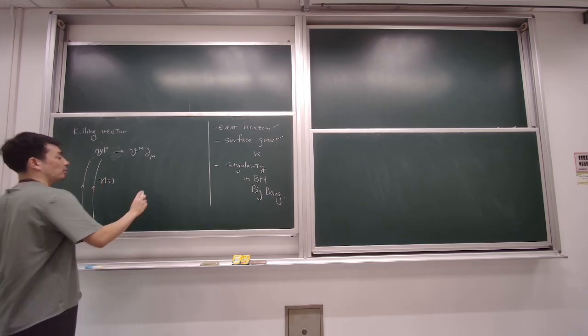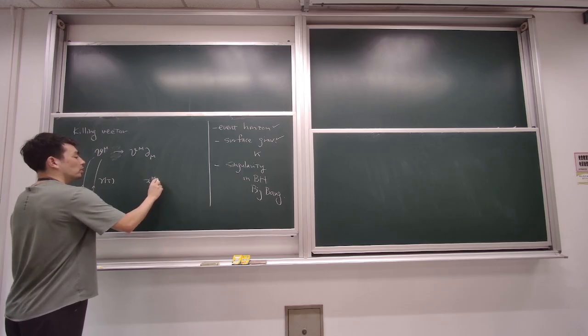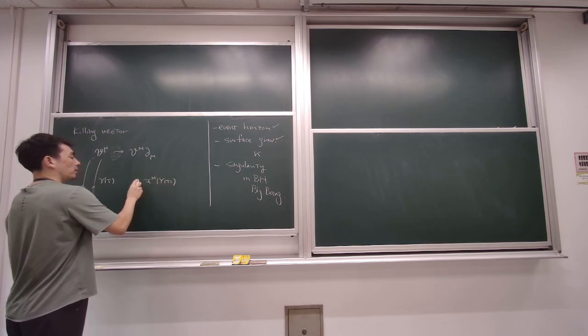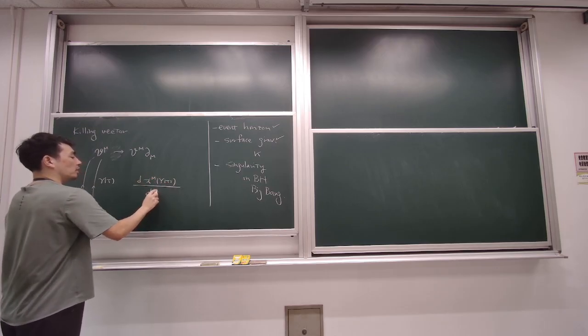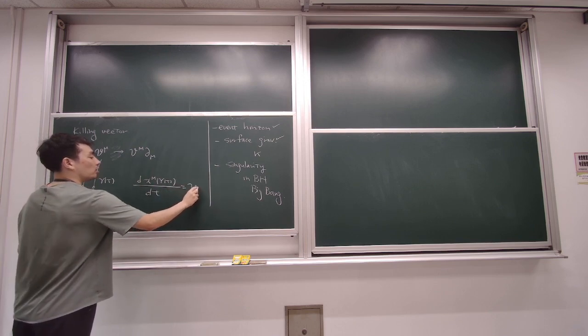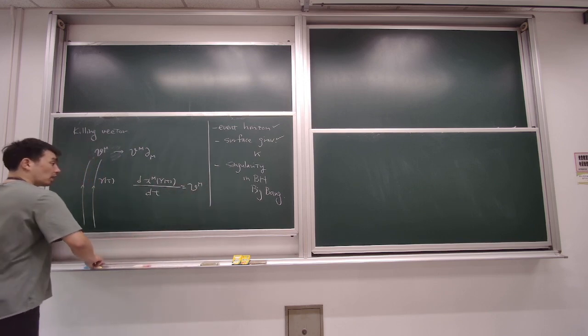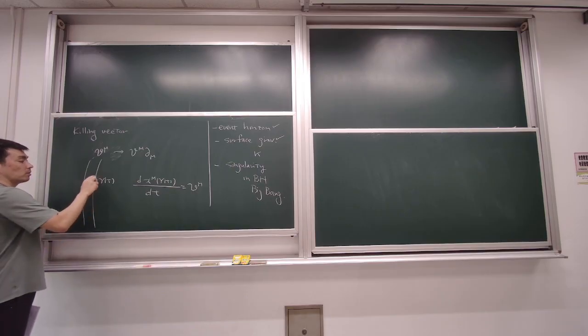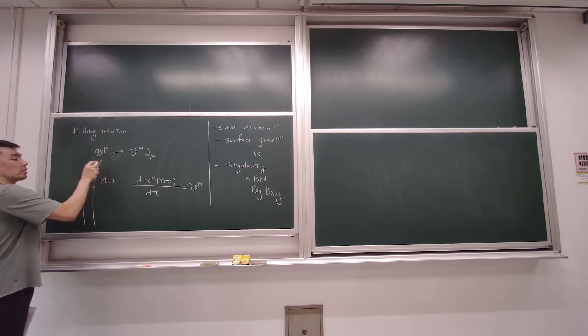In space-time you have a local coordinate x^mu of gamma of t, and if you divide by dt, you get a speed. I call it b^mu at the point p. So if you just take a time derivative, you get b^mu.